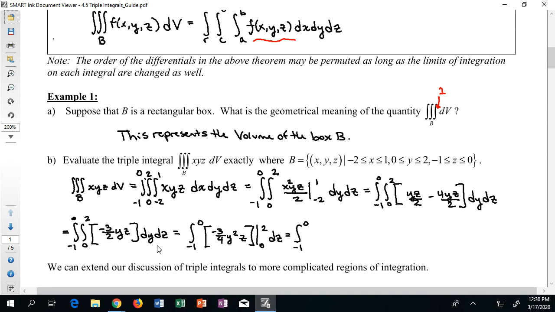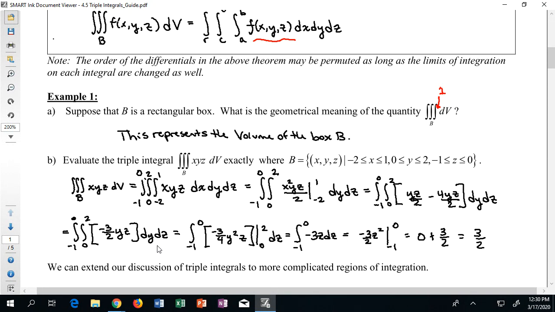And when I plug in 2, I'm going to get 4, so it's going to be -3z dz. So that's going to be -3 halves z squared, evaluated from -1 to 0. So that's going to be 0 minus -3 halves. And so I got a total of 3 halves.